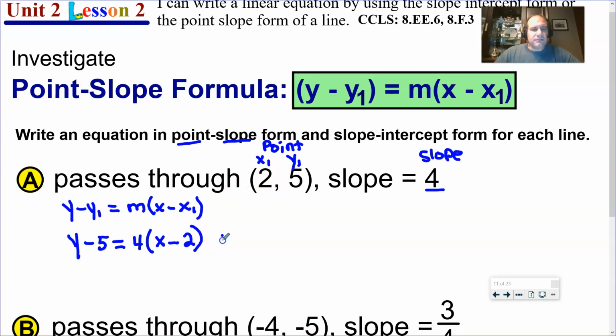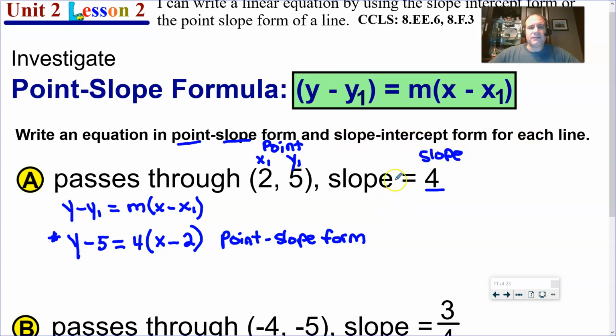This is point slope form. That's one of the answers, point slope form. Now we have to go for slope intercept form.